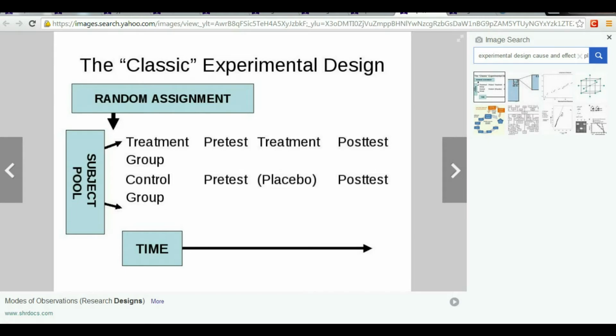The treatment group gets an actual treatment, and the control group gets a fake treatment called a placebo. Then 10 weeks later, we have them come in for what's called a post-test, and they get their blood pressure taken again. Then we compare those results to see what happened in terms of blood pressure, whether they got the treatment or not.